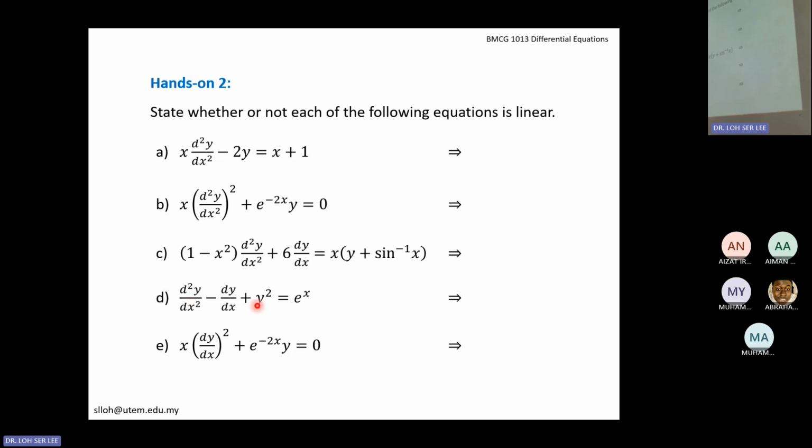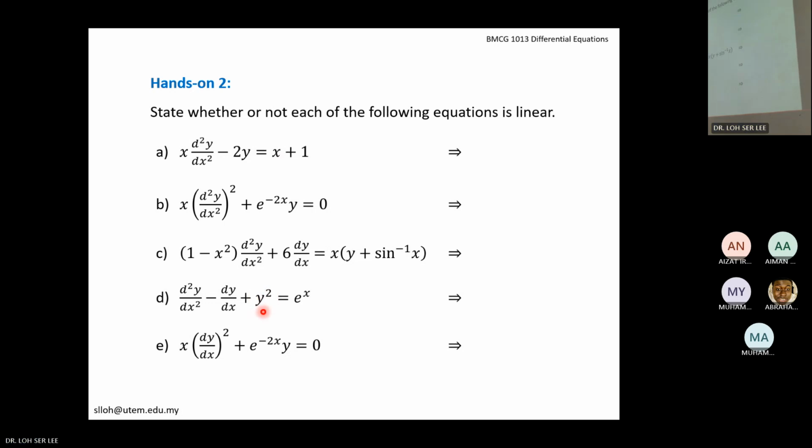Y squared. Because it allows only degree of 1, but this is 2. The rest, no issue. This is degree of 1, degree of 1. And then the coefficient function is constant. This one also -1 constant. And on the right-hand side, this is in x. X is independent, this one is in x. So no issue. Only this term causes the non-linear.